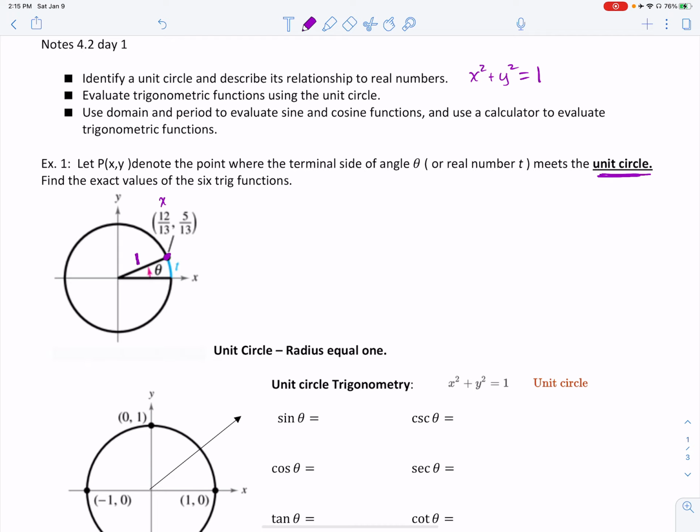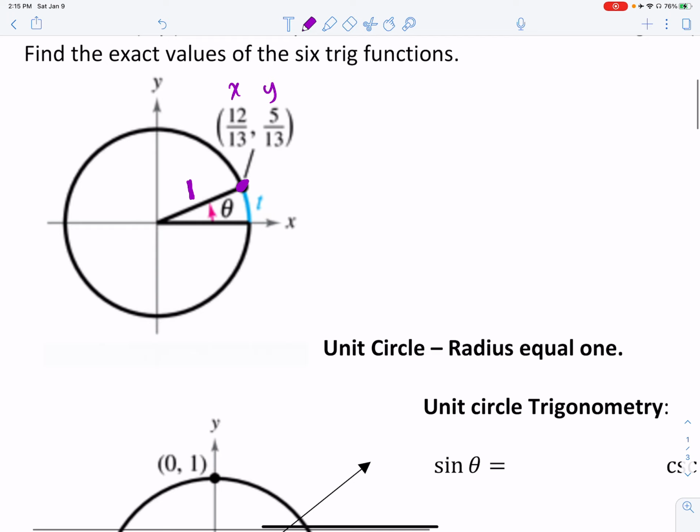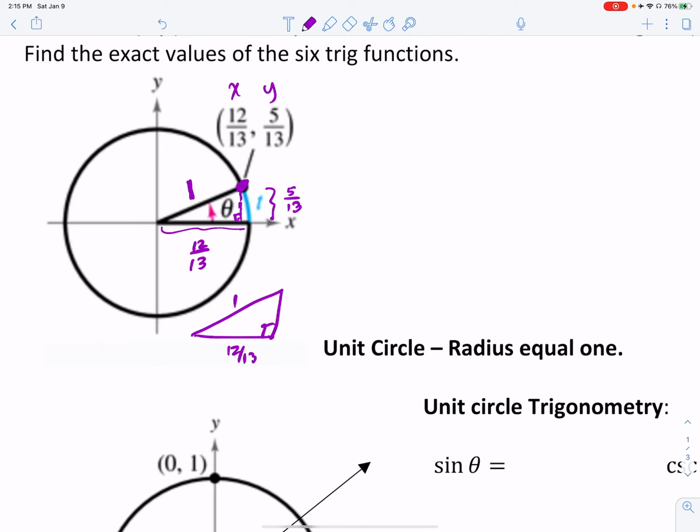And since this is x and this is y, then this length is 12/13. And if I were to drop a right angle, this height is the value of y, or 5/13. So it means I have a triangle where this is 1, this is 12/13, and this is 5/13.